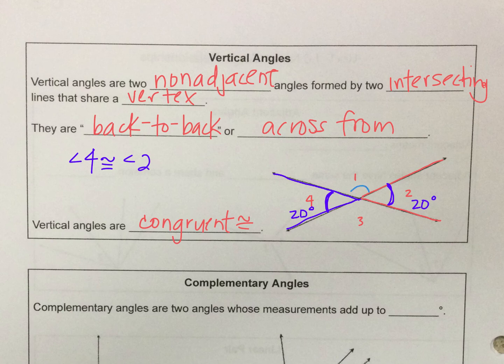Up here, angle 1 and angle 3 are vertical, which tells me they're the same size. So if that's 160, that one's 160. And they have different marks because 4 and 1 are not the same, but 2 and 4 both have the purple 1 mark, and the blue 2 marks are on the 1 and 3 angles.